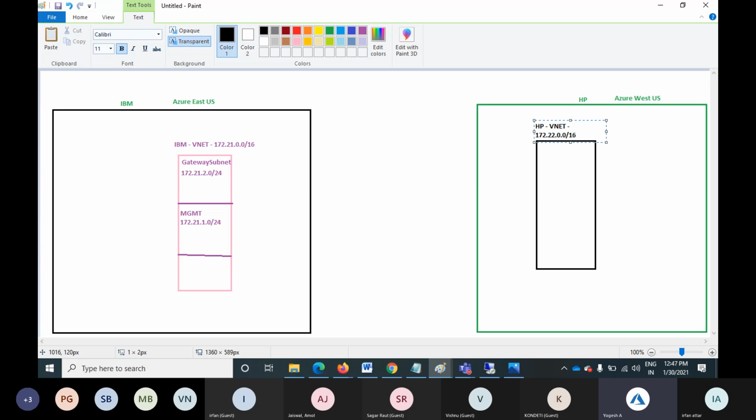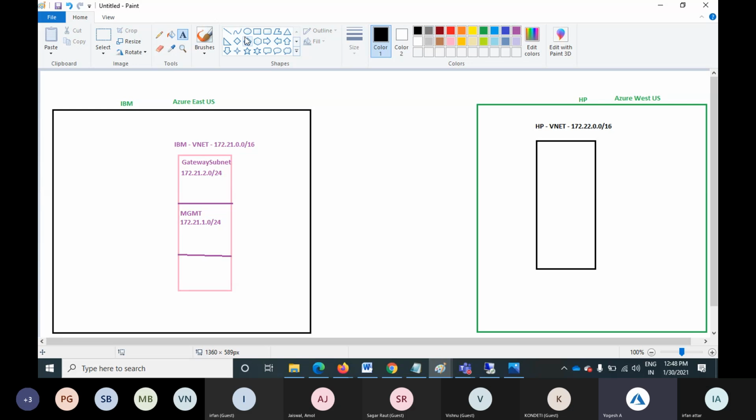Your IPs should not overlap. You can use the same IP ranges, but when you create a connection between two infrastructures, they will overlap. Then you should not use the same IP ranges. That's why I'm going to use 172.22.0.0 here, and 172.21.0.0 there.